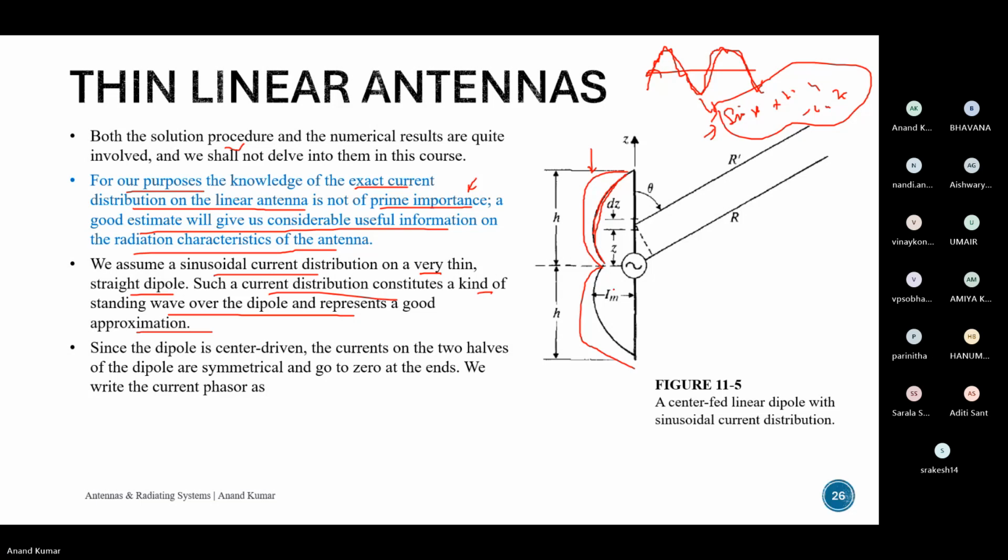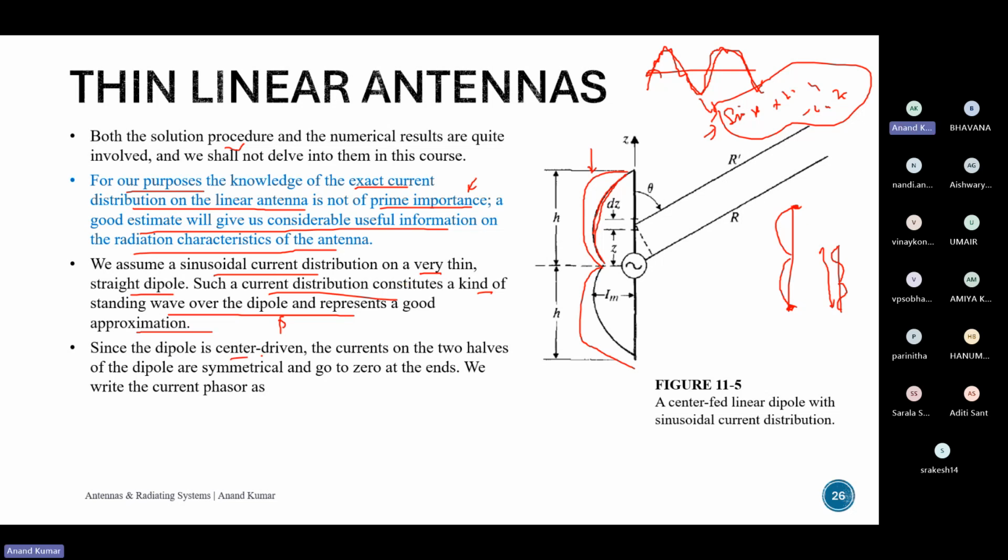We will not get into details, but in the literature it has been observed that over the dipole, what we get is a standing wave configuration. It is usually some form of current distribution which forms like this. So it forms a standing wave over the dipole with zero current at the ends.